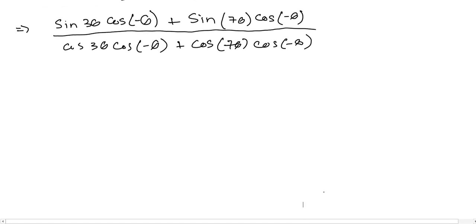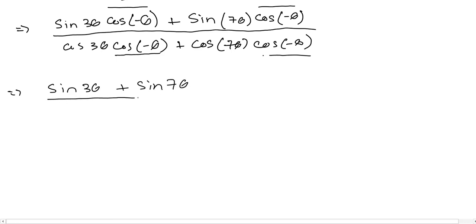Now as you can see here, in the numerator we can take cosine of negative theta and factor it out, and the same in the denominator, so it will cancel out. We are just left with sine 3 theta plus sine 7 theta in the numerator, and in the denominator cosine 3 theta plus cosine 7 theta.